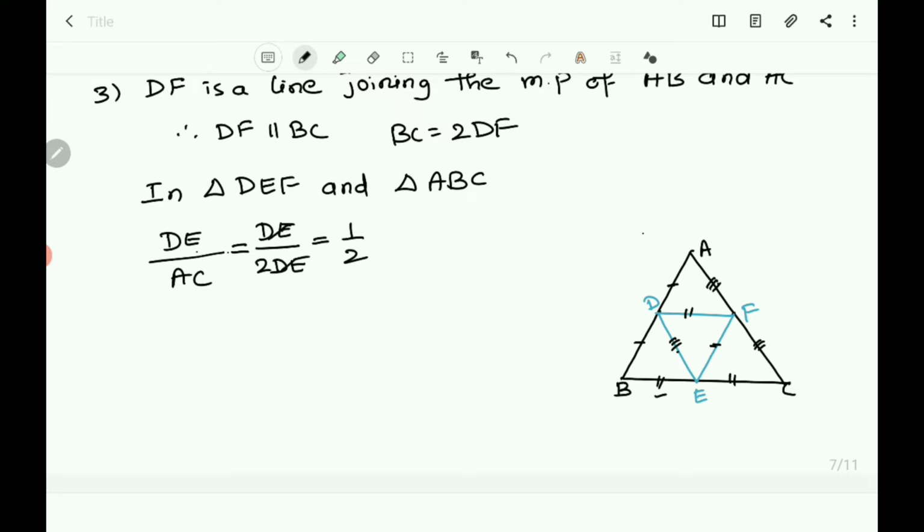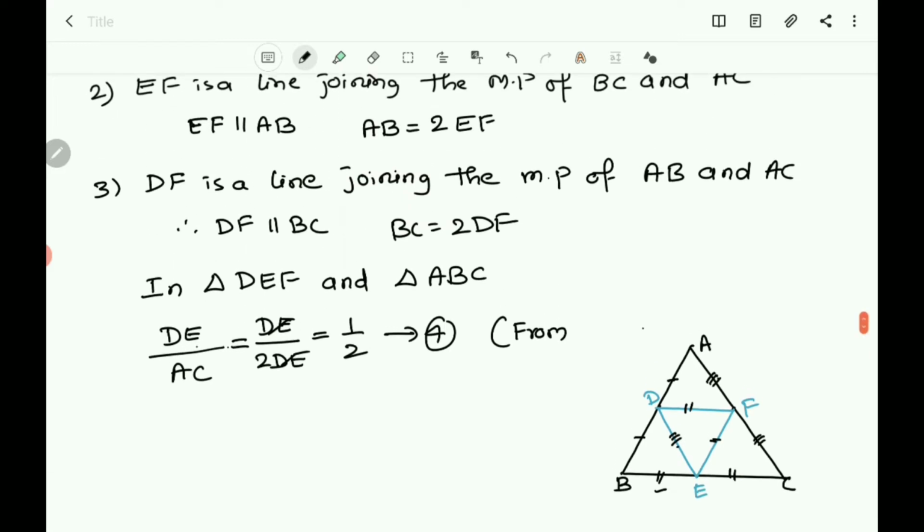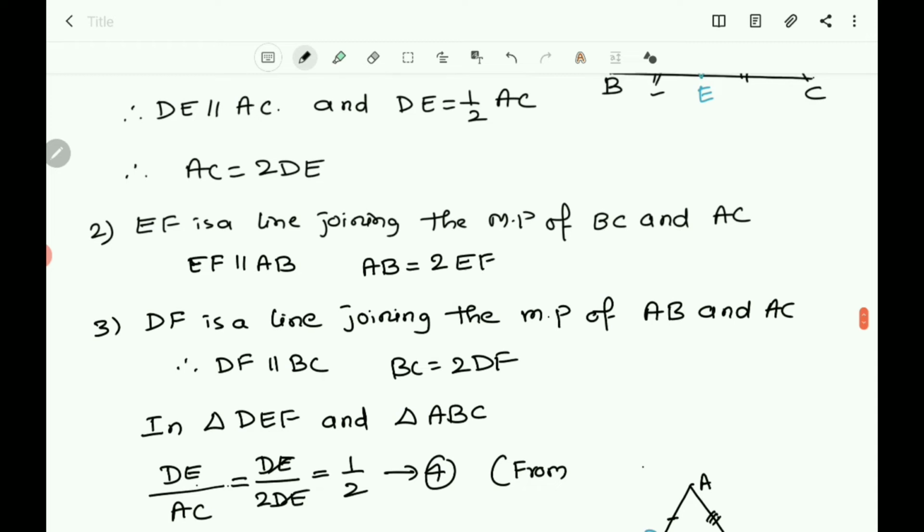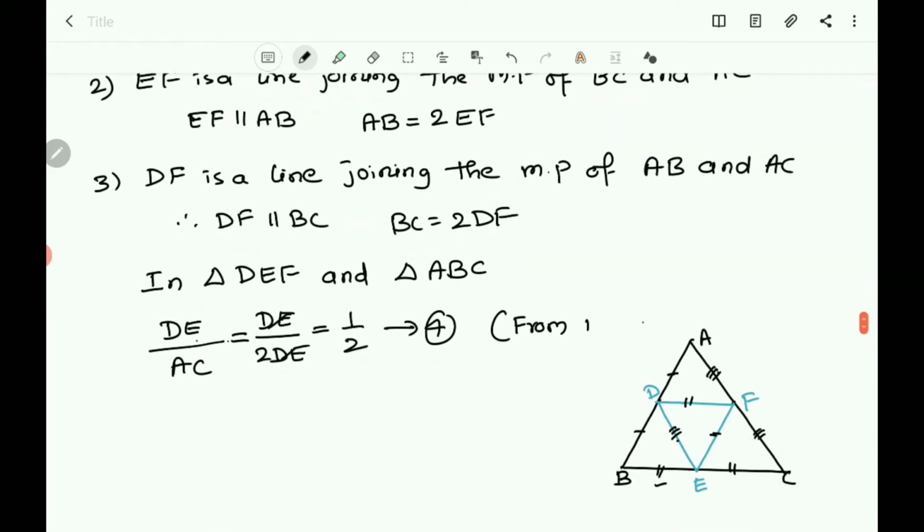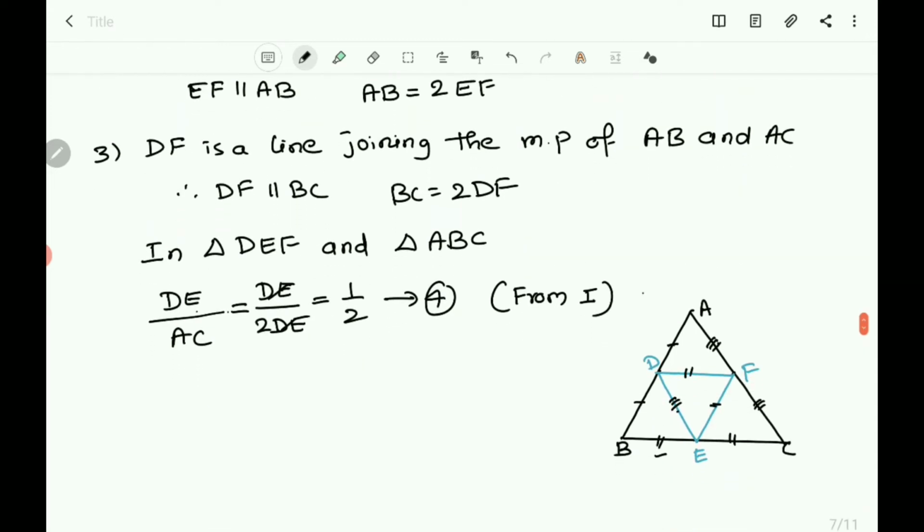You consider this as the fourth, and it is from the first. Next, EF by AB.